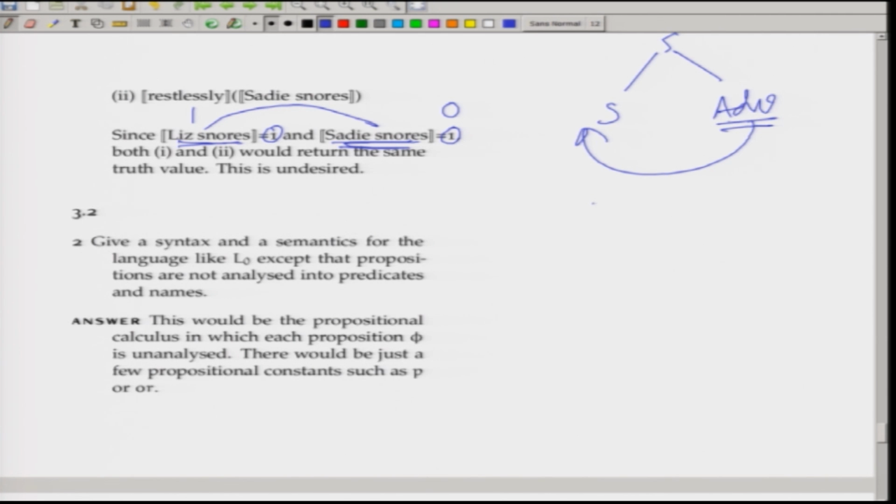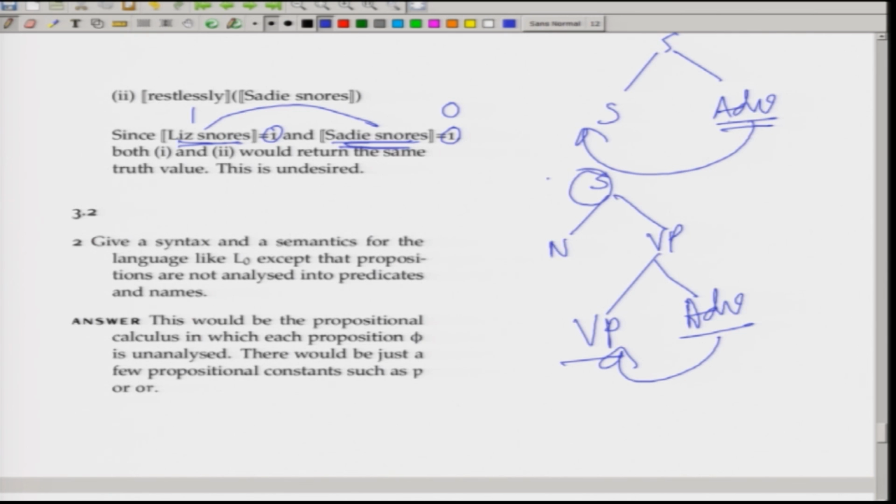On the other hand, we have seen that this analysis, where it goes to N and VP, and VP goes to VP and ADV, is different because it works on the VP. It doesn't work on the S. That is the reason it determines the value at this level.